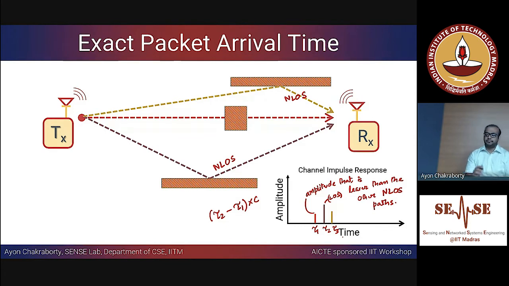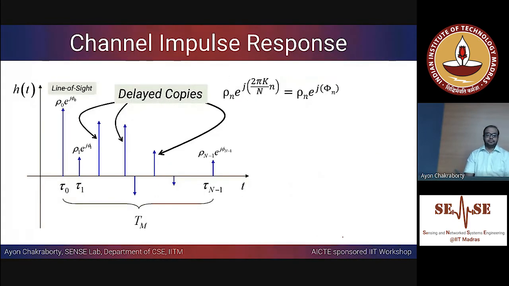Okay, so now you are starting to get an idea of how this wireless ranging takes place, and what all these channel impulse response components are. What we see mathematically is that every amplitude here, every component here, is basically a delayed copy of the signal that was originally created.